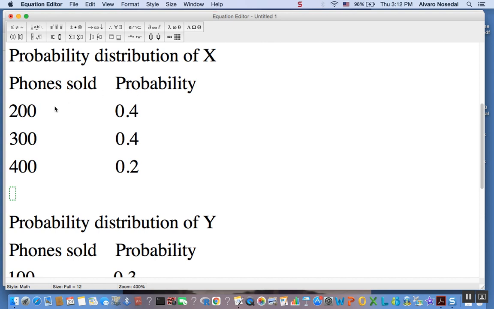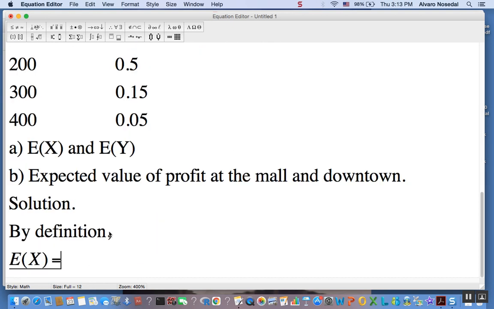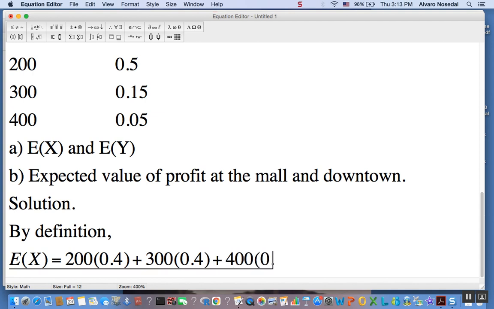Applying the definition for expected value would be 200 times 0.4 plus 300 times 0.4 plus 400 times 0.2. That's it, right? Just again applying the definition.